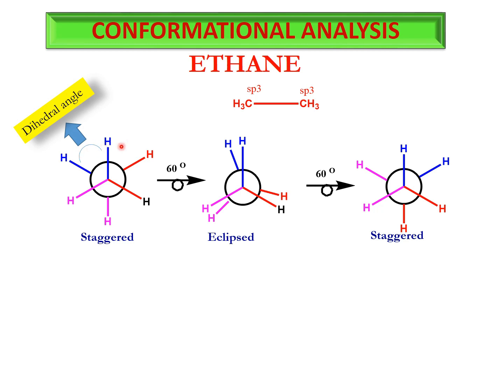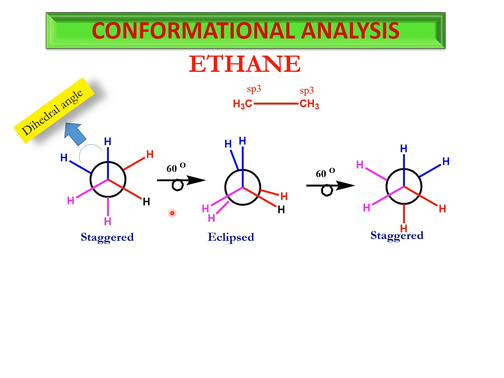So the angle between these two hydrogens is about 60 degrees, and this angle is known as the dihedral angle. What is a dihedral angle? I will tell you in a couple of minutes in the next slide what a dihedral angle actually means. Now, this conformation is known as the staggered conformation.